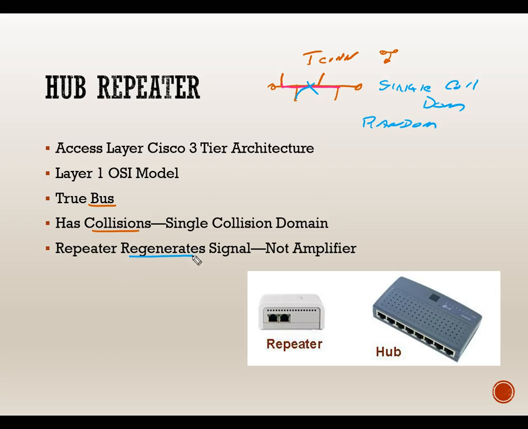A repeater regenerates the signal, not an amplifier, and we talked about that. As a signal goes down a piece of copper, it gets smaller and smaller. We're also going to have electromagnetic noise in copper, so that if the ones and the zeros get below the noise level, then we cannot discern the signal.